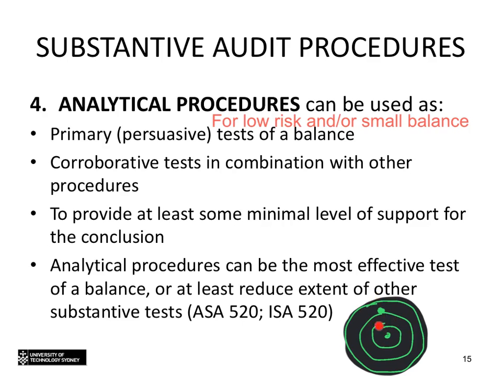Does the little ping tell us exactly what it is? No. And that's the same as the analytical procedure. The analytical procedure says, hey, there's something over here. I can't tell you exactly what it is, but it's worth going out to investigate.